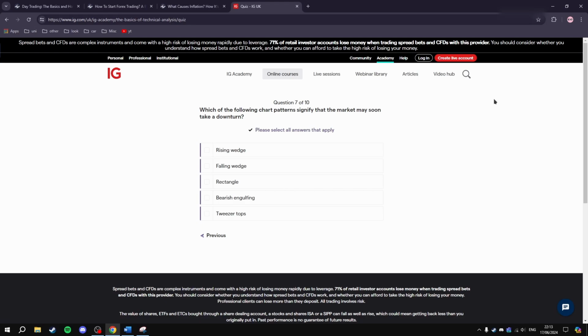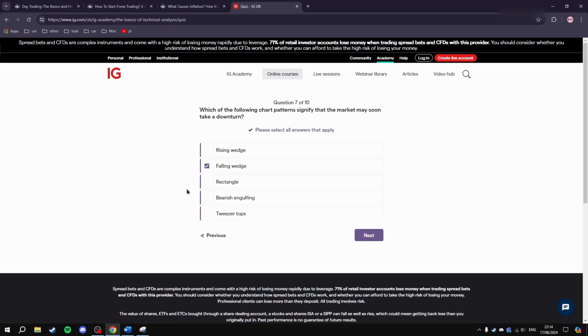So not that. Bearish engulfing, rising wedge, falling wedge. It can't be both wedges, so it's got to be one of the wedges. Let's go falling wedge, because falling down.